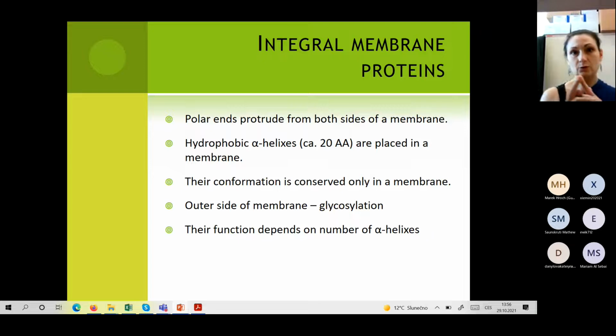For example, they could be some hydrophobic alpha helixes, around 20 amino acids. They are placed inside the plasma membrane, and they are ended from both sides, or at least from one side, with something which has some polar interaction with the polar heads of phospholipids.